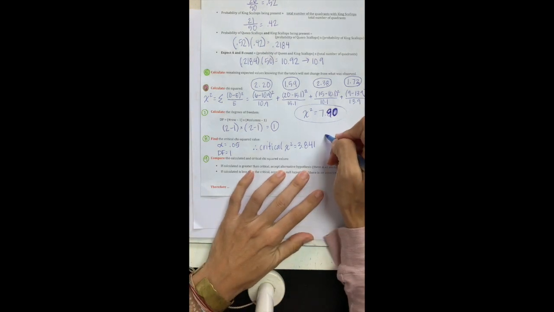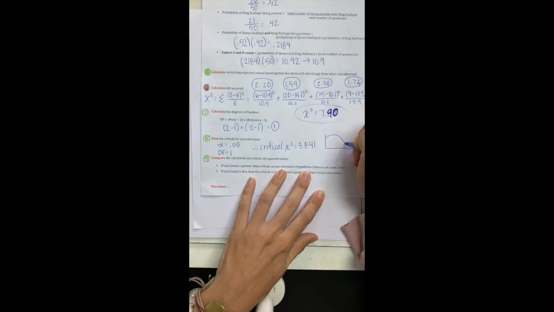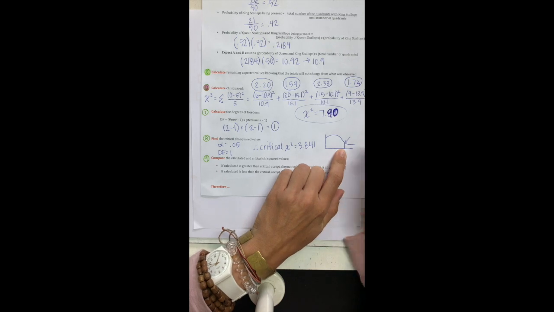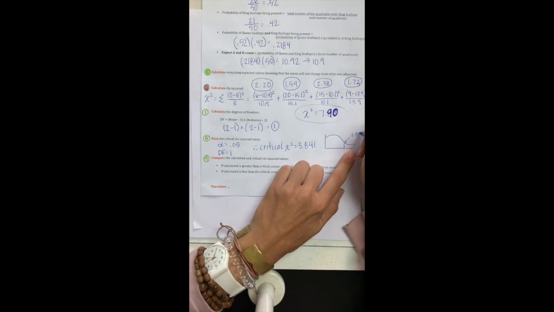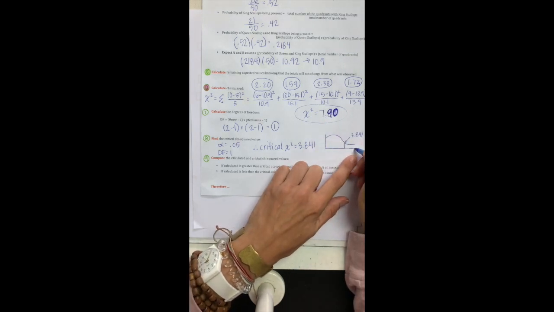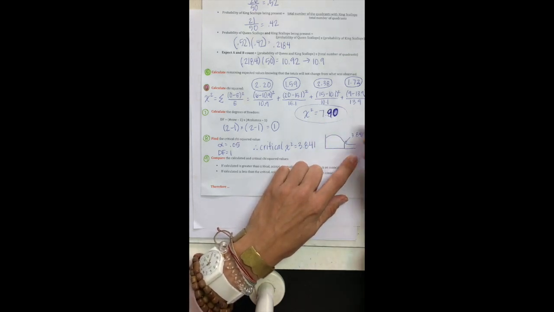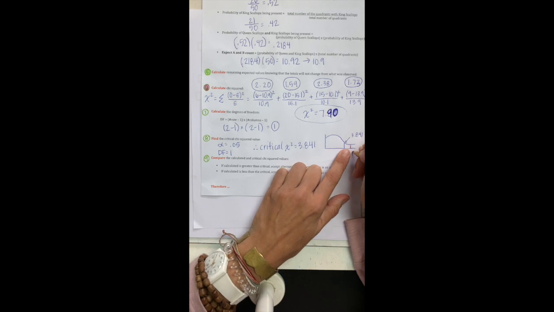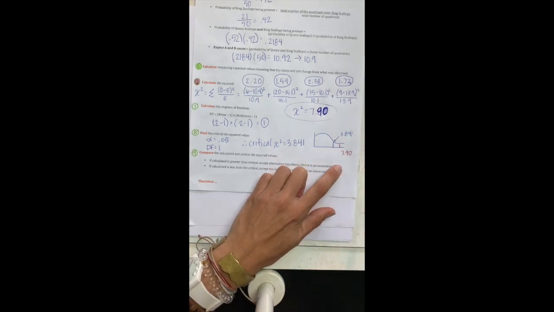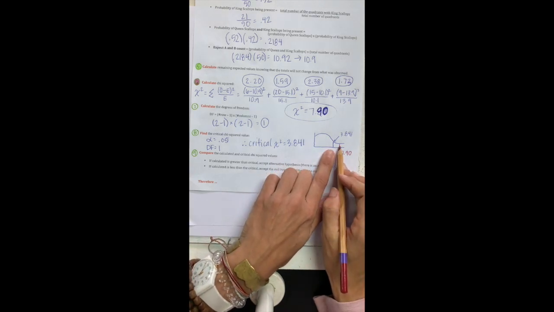If you were to imagine a graph, that right there is our critical value, the 3.841. Now our chi-squared, I'm going to use this color right here, is right there, probably about 7.90. It's larger.